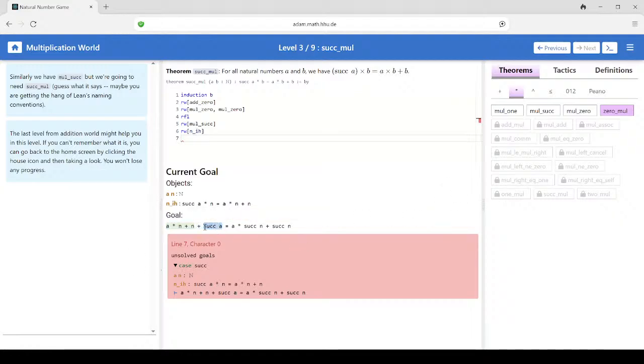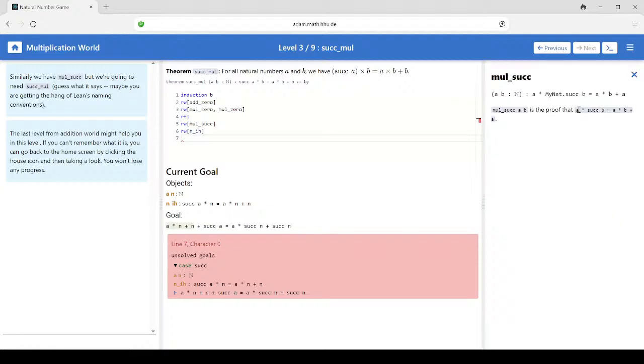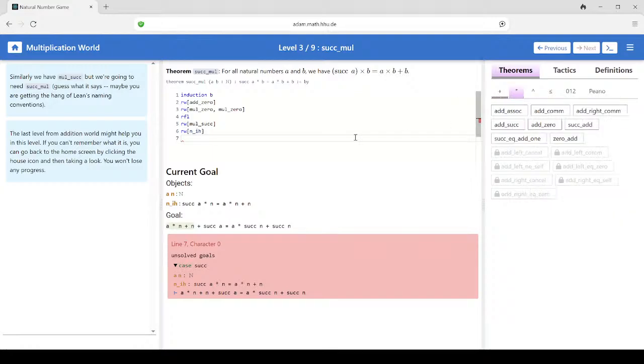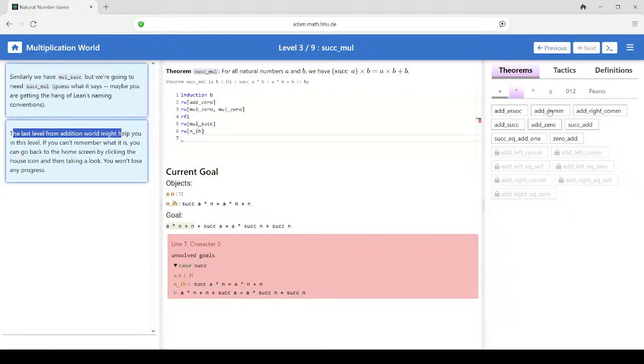Is there anything I can do about this successor of A? Let me think about that. Wait, it says we should use associative and commutative somewhere in here. Or at least one of these. That's the hint here, the last level from Addition World, which used these heavily. And I haven't used them yet, so there's gotta be something I can do with them.